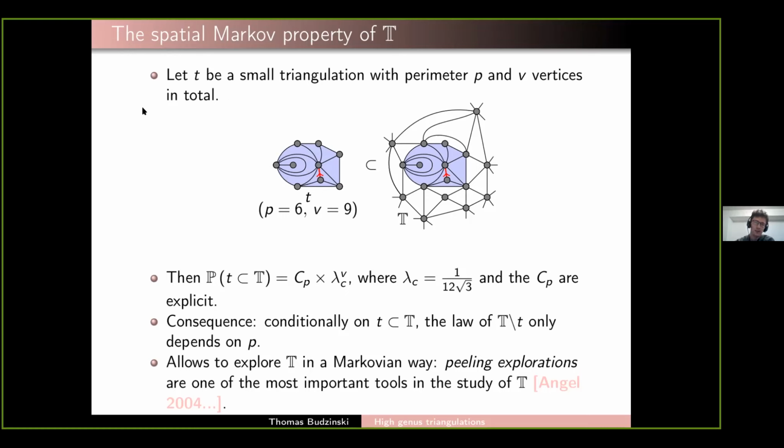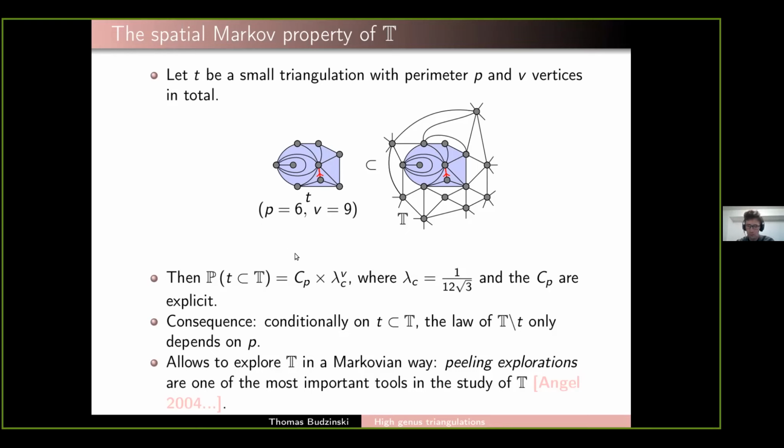Let me fix again a small triangulation T with size V and perimeter P. Then what we get from Tutte, from the asymptotics and the Tutte formulas, is an explicit formula for the probability that the neighborhood of the root in my infinite triangulation is isomorphic to little t.